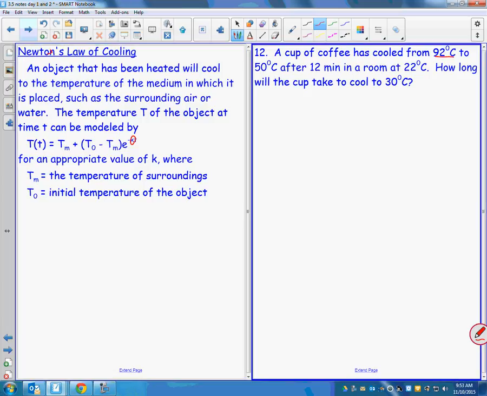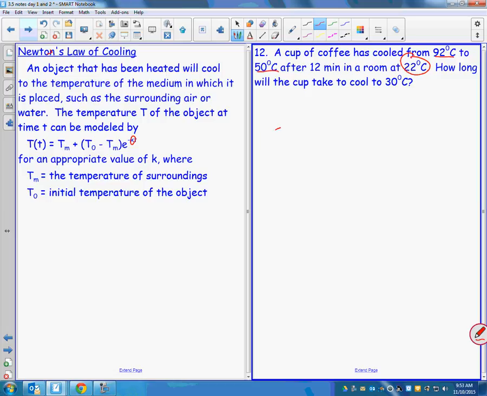It cooled from 92 degrees. What does 92 degrees represent in this problem? The initial temperature, all right? And it cooled down to 50 degrees. Which one's the surrounding value in this one? 22 is the surrounding. This is the new temperature, which is what this is over here, right?